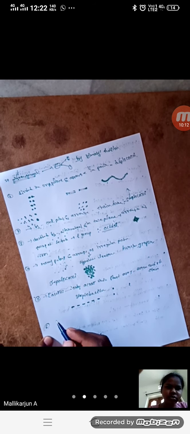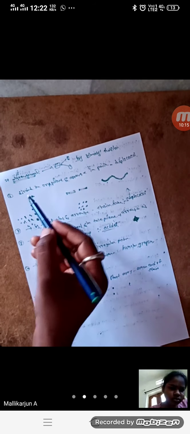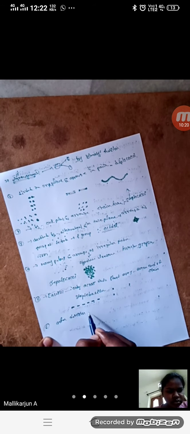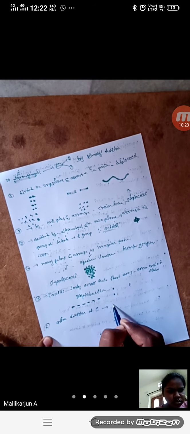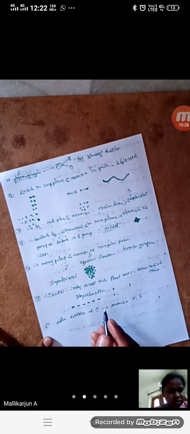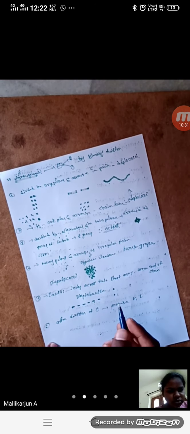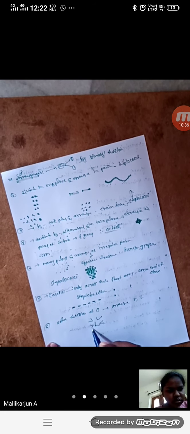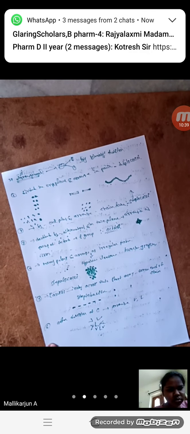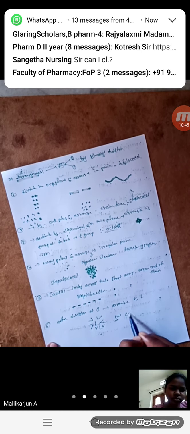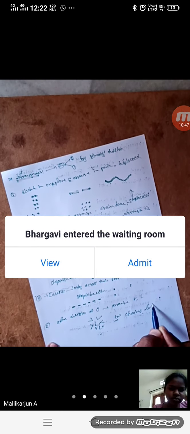Some bacteria after division arrange as a V shape or L shape. So these are the Chinese letter arrangements.